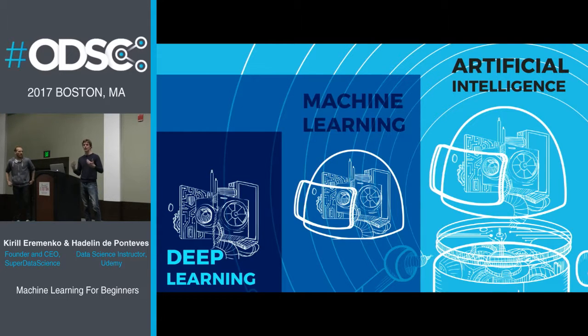So machine learning is to us a branch of artificial intelligence, and actually the most powerful branch. And if we want to go deeper, to solve more complex problems, then we have deep learning, which is based on neural networks that mimic the processes of the brain. So that's our vision, and you'll see that we're going to start with machine learning, and if you want to go deeper to the next level, you go to deep learning.